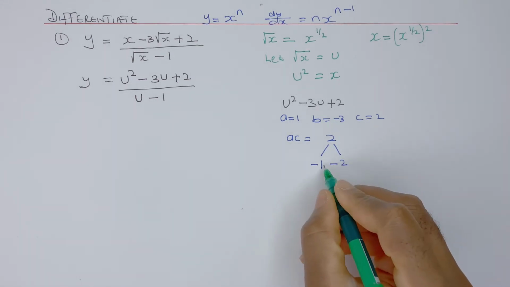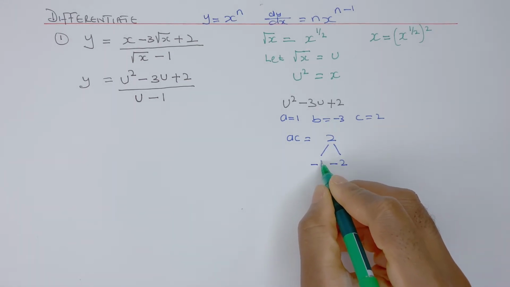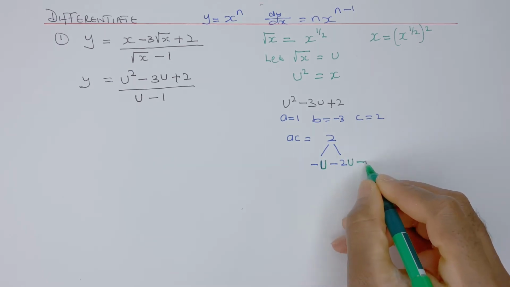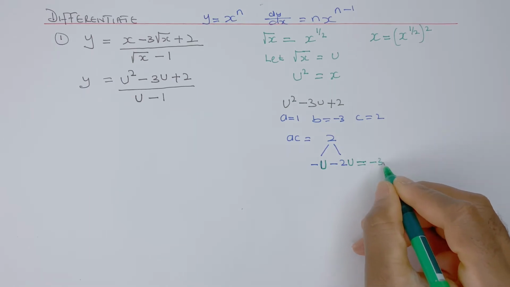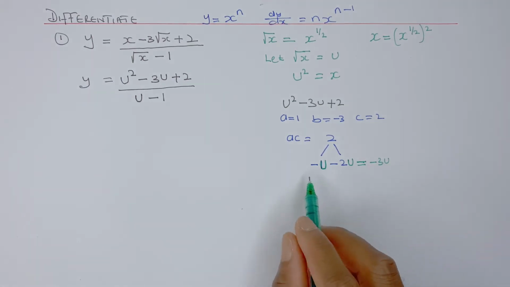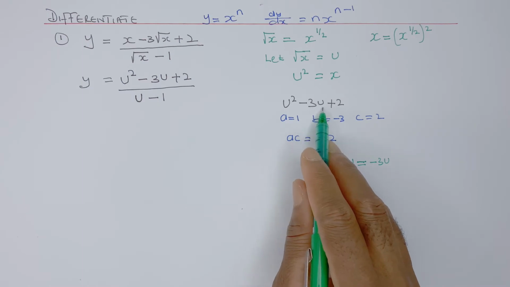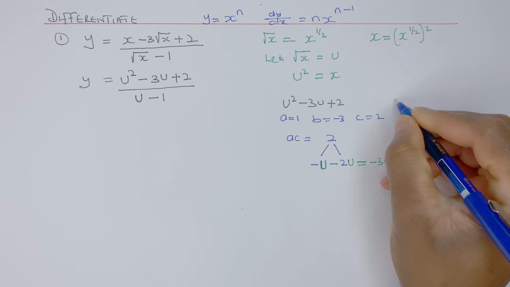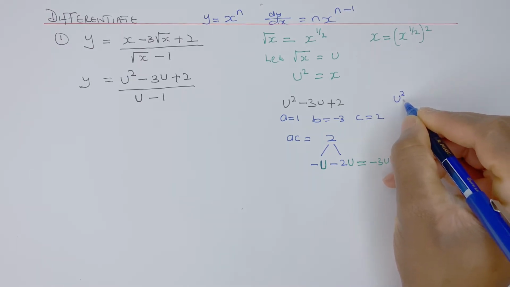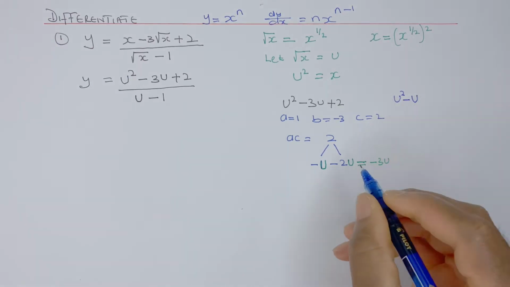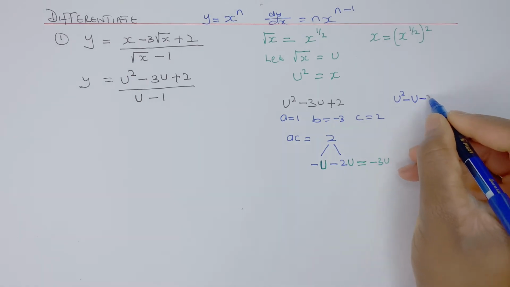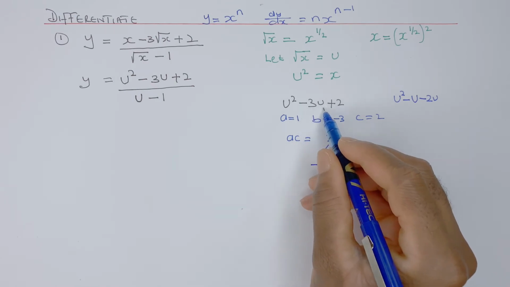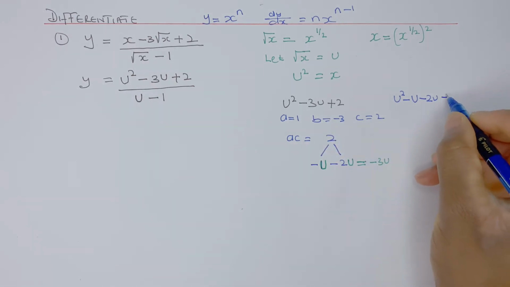If I put u here, minus 1 times u is minus u, and minus 2 times u is minus 2u, and that gives me minus 3u. So that's good. That means I can replace 3u with minus u and minus 2u. u squared minus u, and minus 2u, that would be minus 3u, still the same thing, plus 2.